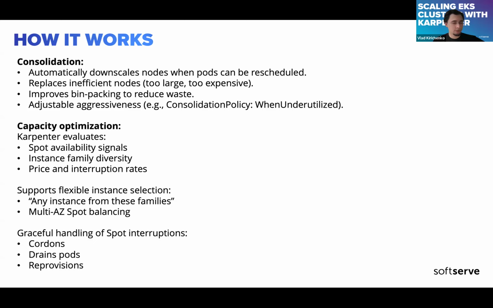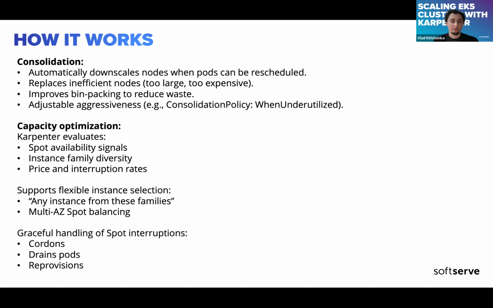It takes pricing of the instances and their families. It also takes into consideration the interruption rates that happened historically in the cluster that we use. It combines all these factors and selects an instance that balances cost, availability, and stability. And it's usually very fast.